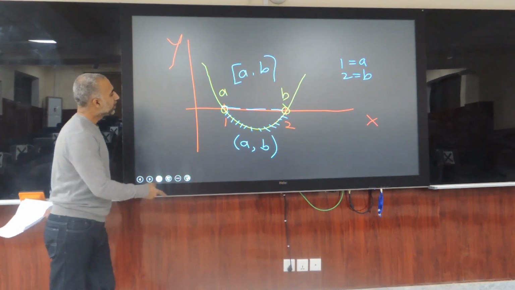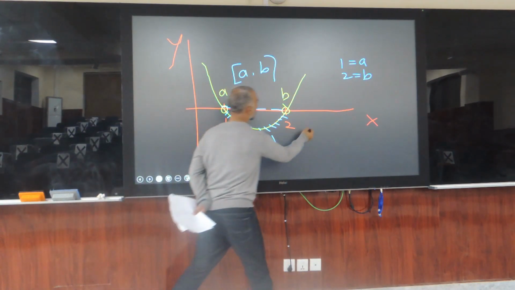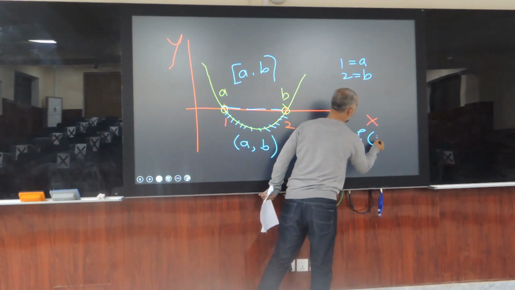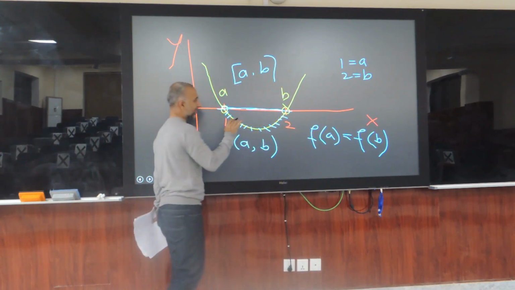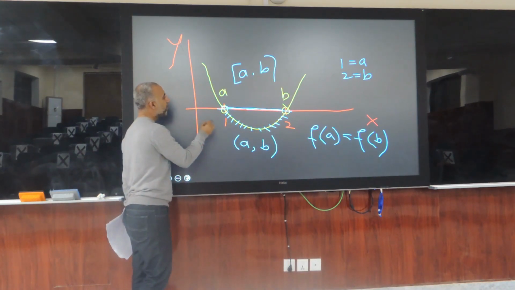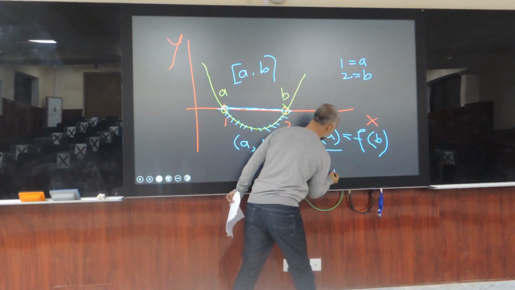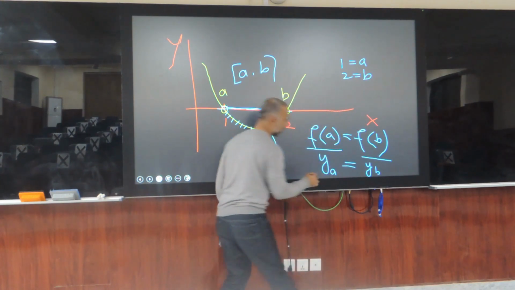Now there is a some point according to the definition. If f of A is equal to f of B, both on the x-axis, here y is the height y at A and height y at B. Both are the same.